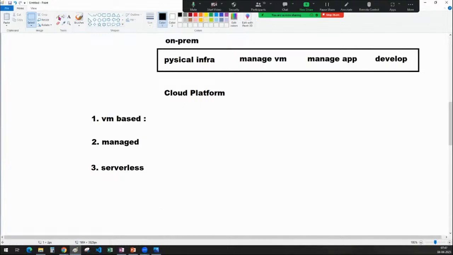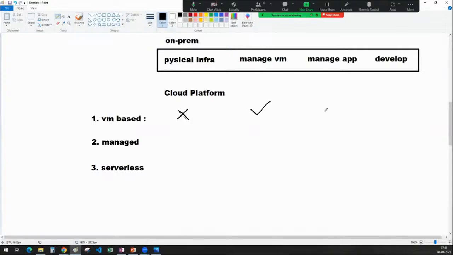In a VM based service, you need not manage the physical infrastructure, because the physical infrastructure will be provided to you in the form of a virtual machine. In the cloud platform, you need not manage the physical infrastructure, but you have to manage your configuration for the virtual machine.